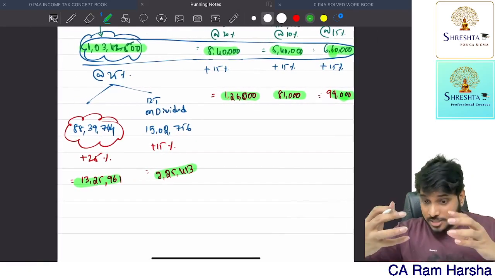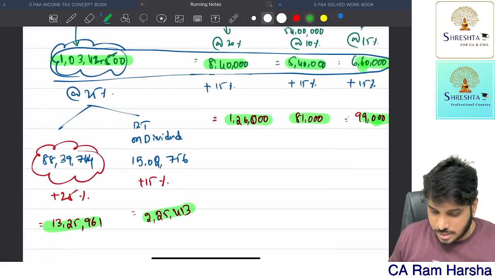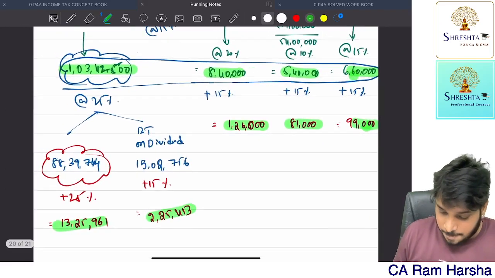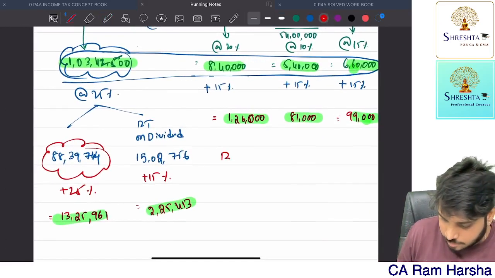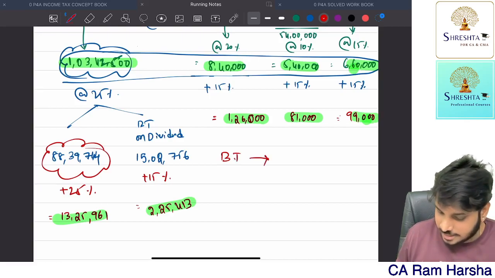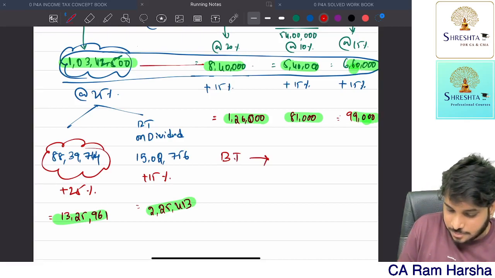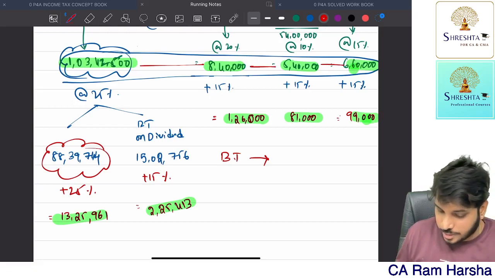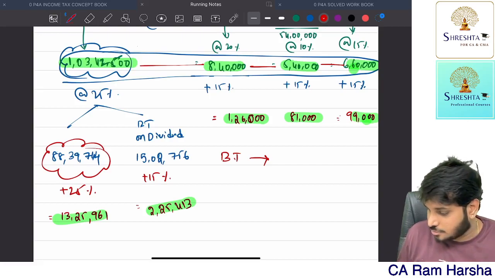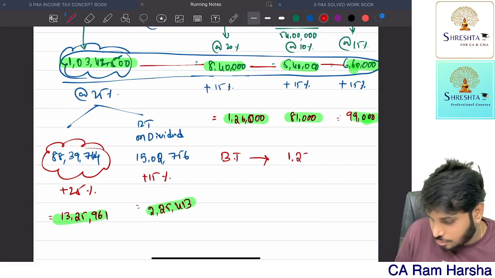Now let us put them into our format. What is the basic tax? Just adding these items: 1 crore 3 lakh 42,500 plus 8,40,000 plus 5,40,000 plus 6,60,000 is equal to 1 crore 23,82,500.